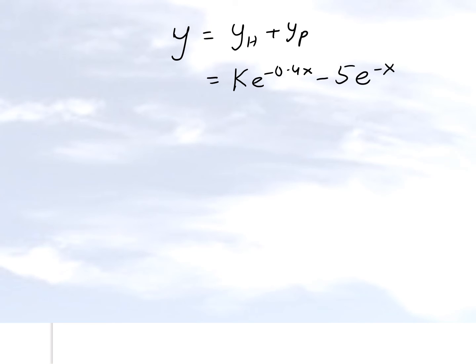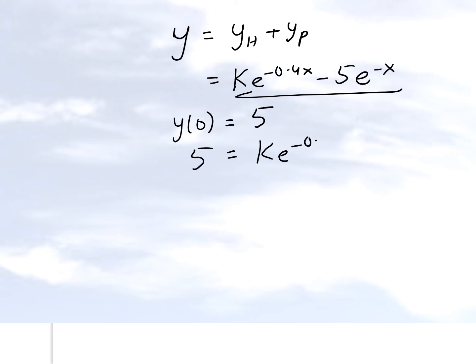So how do we find k? We find k by knowing that the initial condition is given as 5. Substituting x equal to 0 into this gives us 5 equal to k e to the power minus 0, minus 5 e to the power minus 0, and that's k minus 5. That gives us k equal to 10.